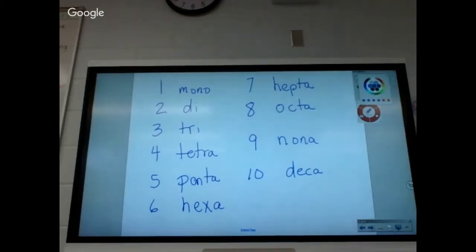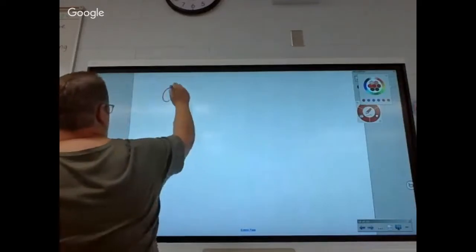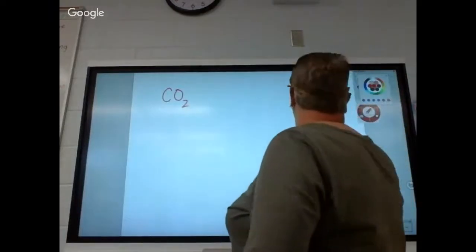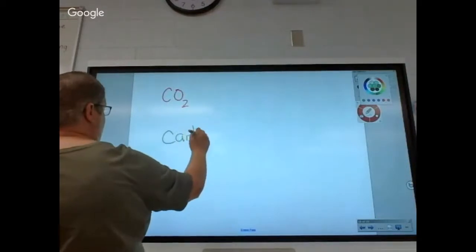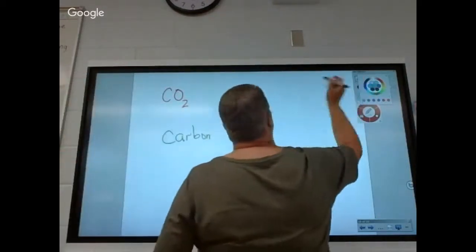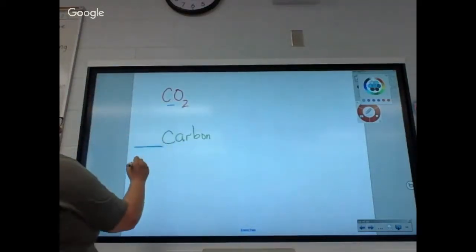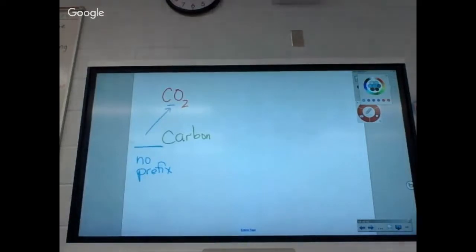Okay, so just to illustrate, since everybody's been able to write the name carbon dioxide for a while, let's talk about where carbon dioxide's name comes from, written in old system. Carbon is the name of the first element, right? Does it have a subscript on it right here? No. So there is no prefix because there is only how many carbons? 1.